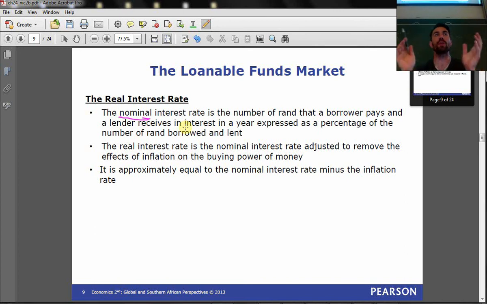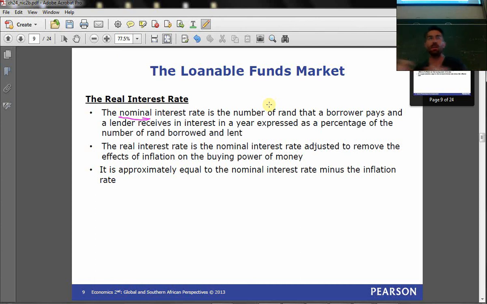So the nominal interest rate, it's worded badly here. It's not the number of rands. An interest rate is a percentage. But the nominal interest repayment will be the amount of rands that are being repaid. The real interest repayment would be what is the value of goods and services that actual amount can buy.